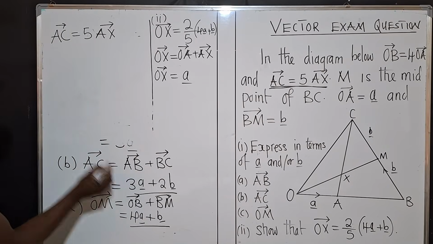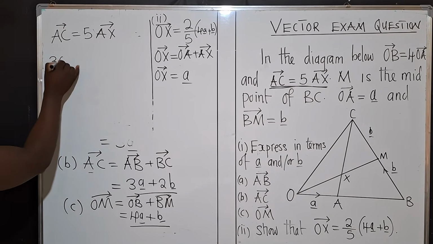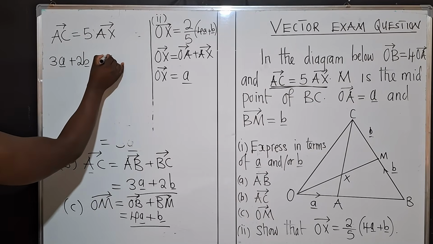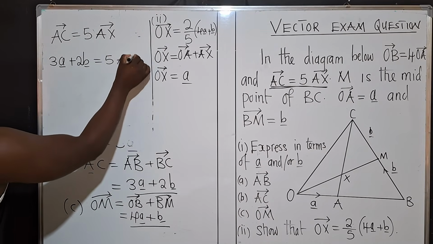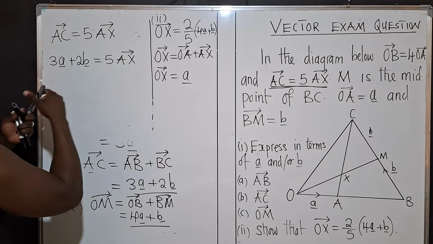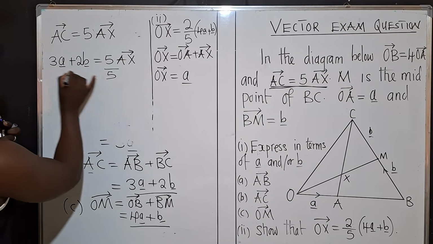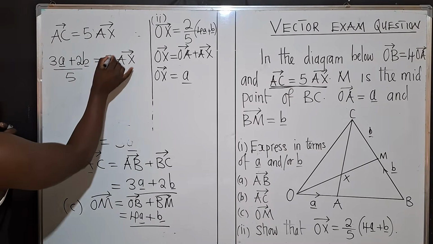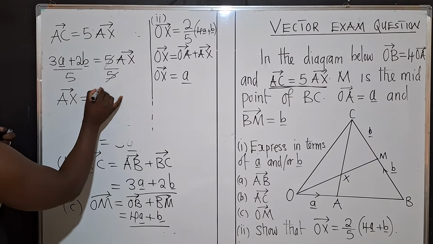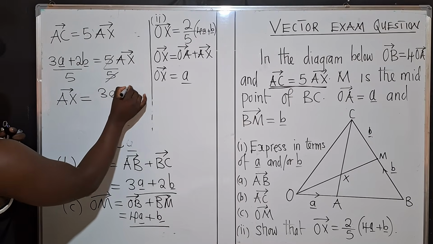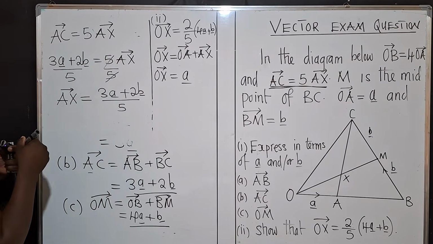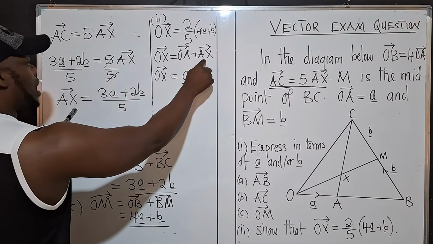Yes, we found AC to be equal to 3a plus 2b, which is equal to 5AX. I'm looking for AX, so I'll divide by 5. This and this will go. AX will simply be equal to 3a plus 2b over 5. Now I have my AX.